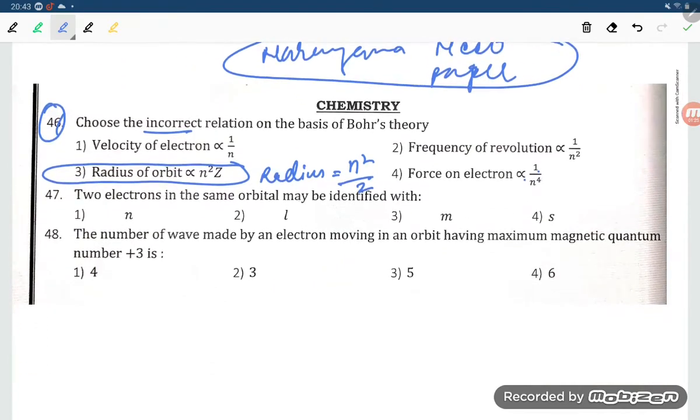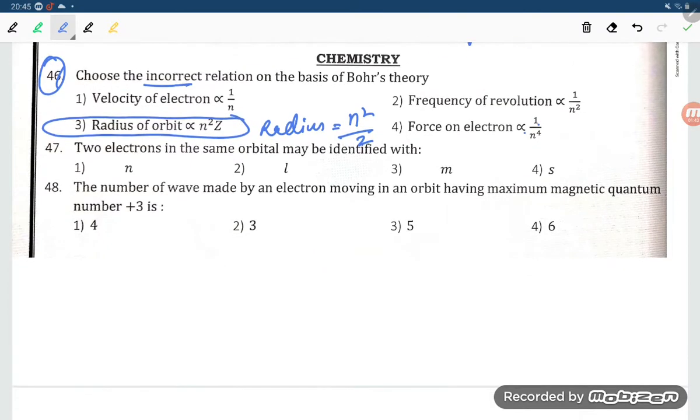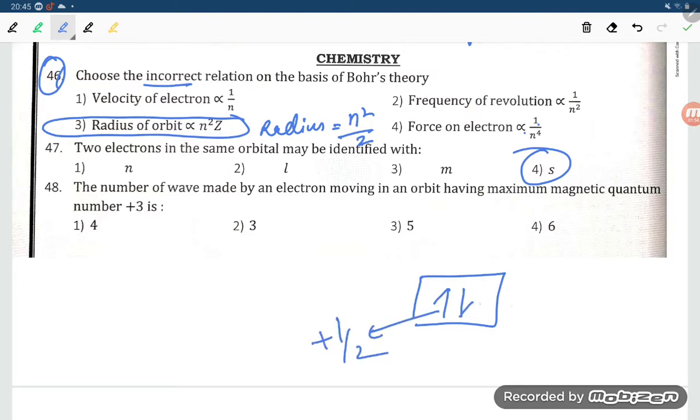Now question number 47, student: two electrons in the same orbital may be identified with. How can you identify the electrons? If two electrons are in one orbital, one is identified by spin quantum number plus 1 by 2 and the other by minus 1 by 2.